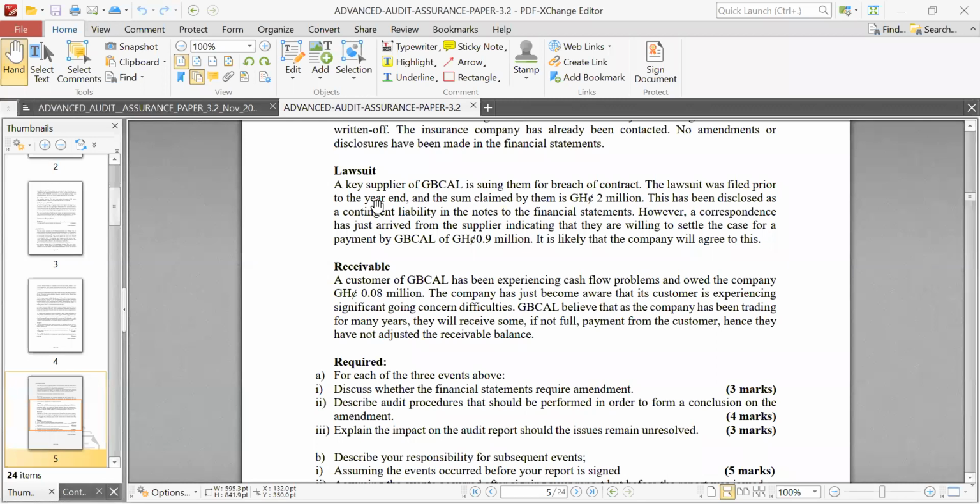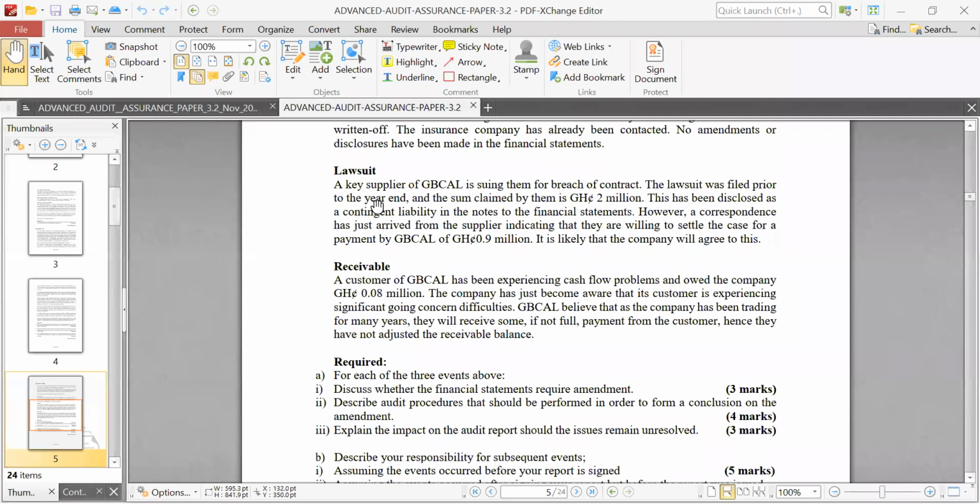The company has just become aware that this customer is experiencing significant going concern difficulties. GBCAL believes that the customer has been trading for many years. They will receive some, if not full payment from the customer. Hence, they have not adjusted the receivable balance.